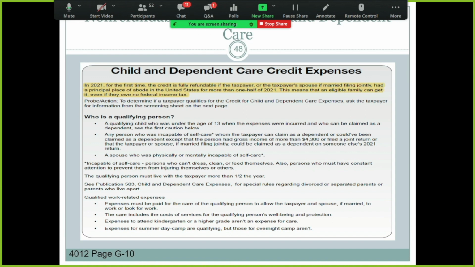A spouse who was physically or mentally incapable of self-care.